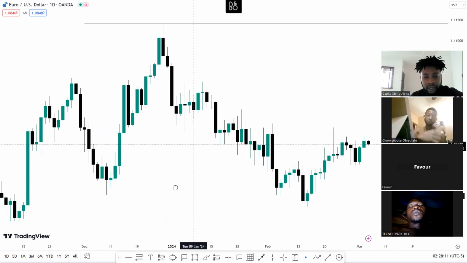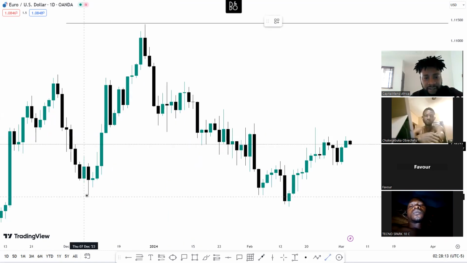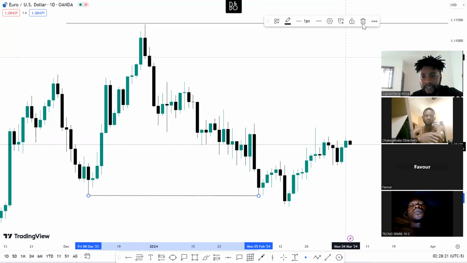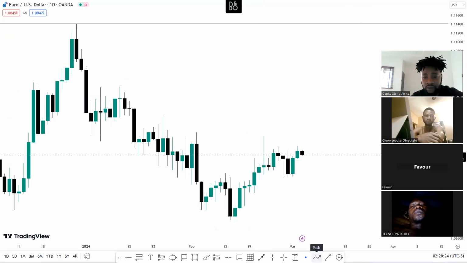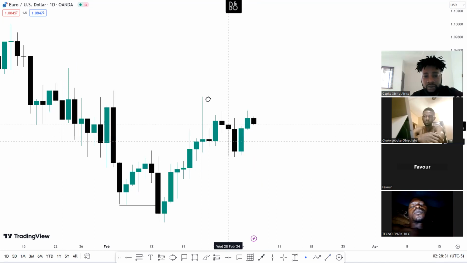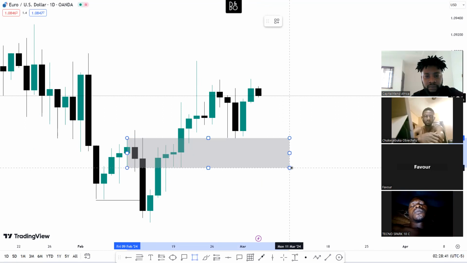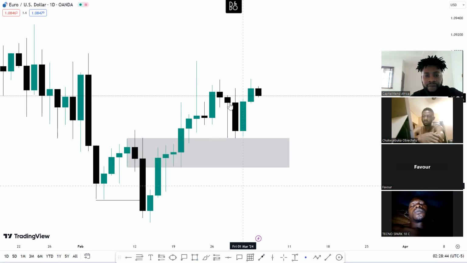So now we have this liquidity sweep here, right? That's another confirmation, and we have this turtle soup. Looking closely again, I have this breaker that price has already tested, right?